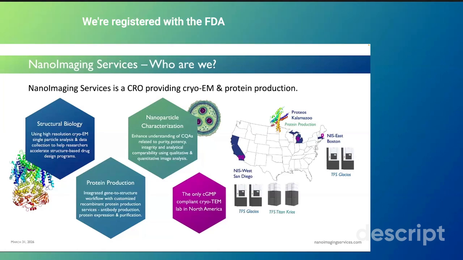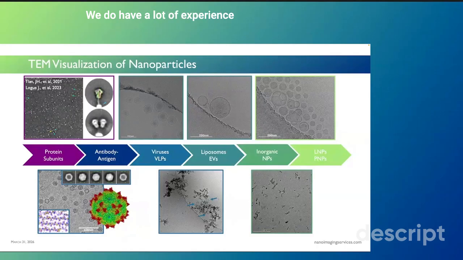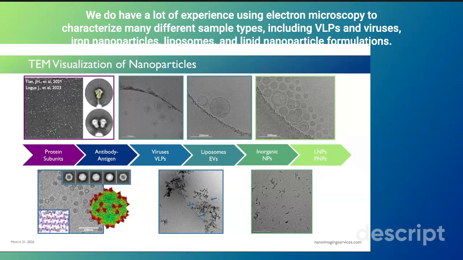And we're registered with the FDA as a GMP facility, allowing us to deliver GMP-compliant nanoparticle characterization studies. We do have a lot of experience using electron microscopy to characterize many different sample types, including VLPs and viruses, iron nanoparticles, liposomes, and lipid nanoparticle formulations.